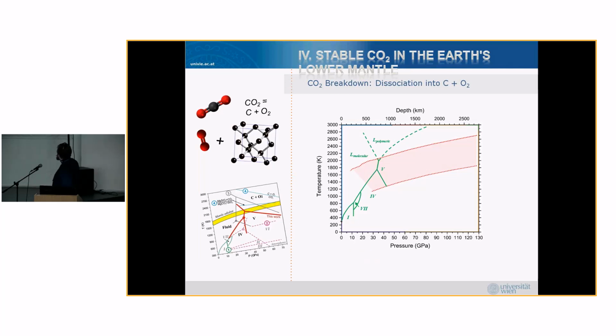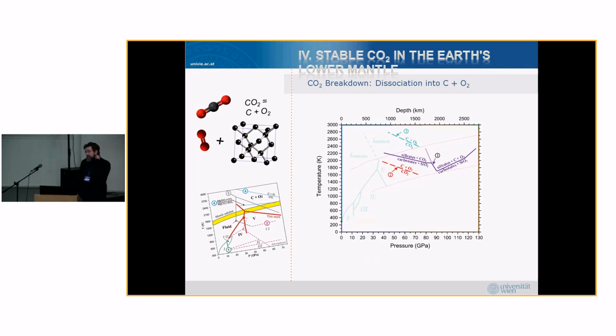Okay. So, and what is interesting is that a lot of investigations have been made showing that the CO2 is breaking down. So especially for the people working on diamond formation and mantle conditions, they have reported, partially pretty shifted, but they have reported breakdown lines like what you see here.